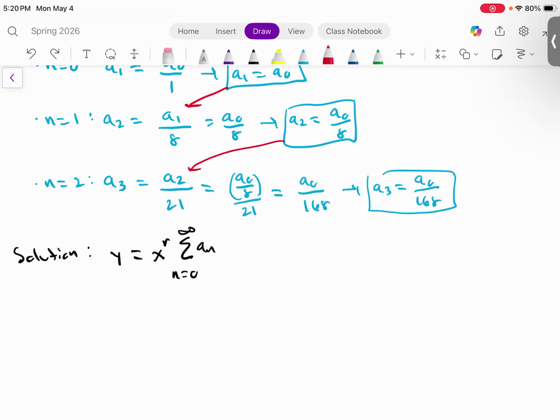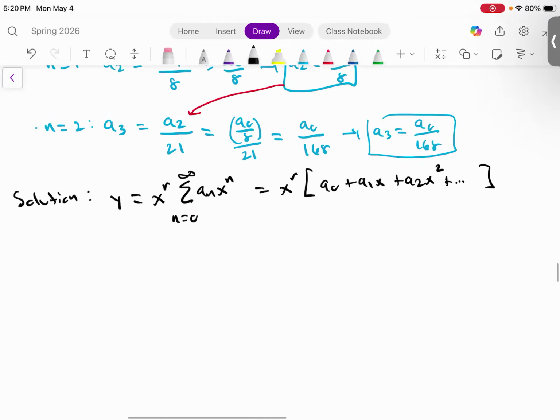And the recurrence relations give us what this component is, the power series, in terms of n. And if we expand this, we get x to the r times a naught plus a1x plus a2x squared, etc. So we're going to get two of these solutions.